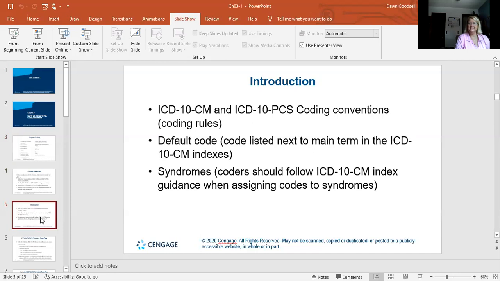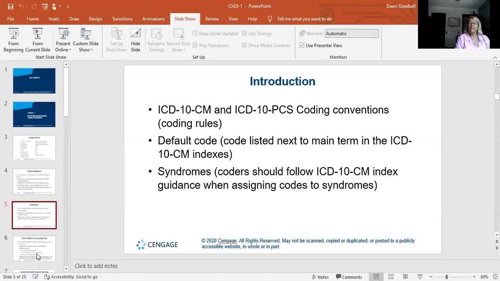ICD-10 and ICD-10 PCS coding conventions. Coding rules are found in the introduction part of your ICD-10 CM book. It's at the very beginning. That's always nice to know because if you get any questions on the CPC exam that you're going to take in a few months, that's where you can find all of the history and all of the coding conventions and guidelines in the front.